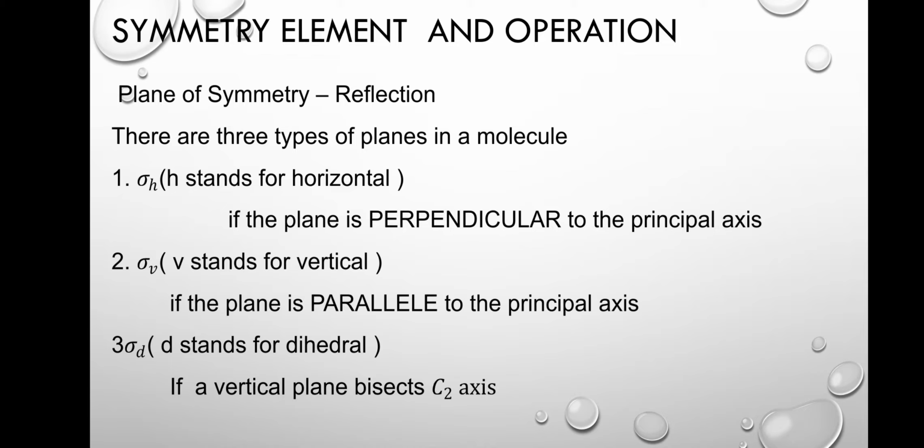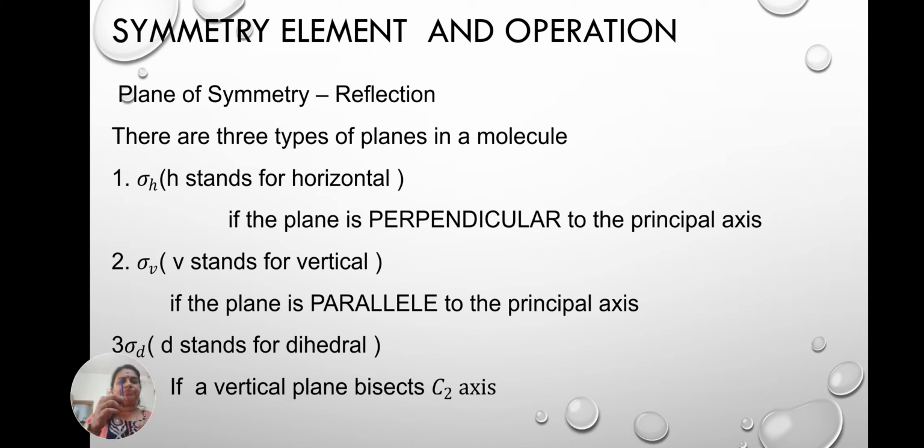If there are C2 and C3 axes, in this molecule C3 is the principal axis. Suppose this is the principal axis and you have a plane which is perpendicular to it, that plane is known as horizontal, or sigma h.